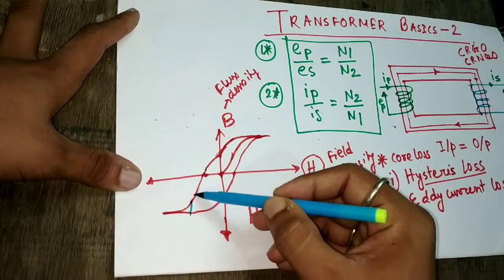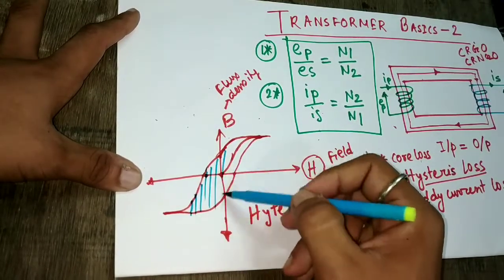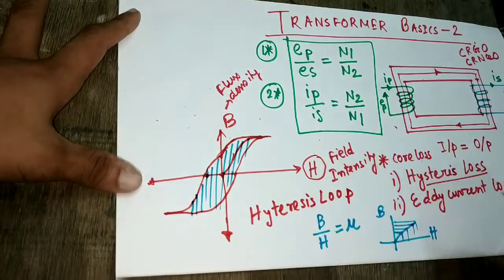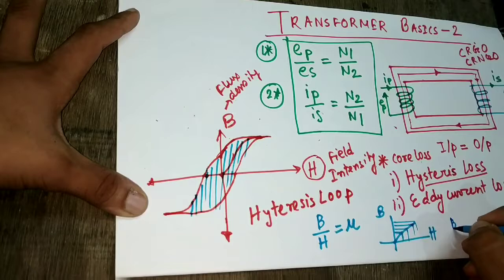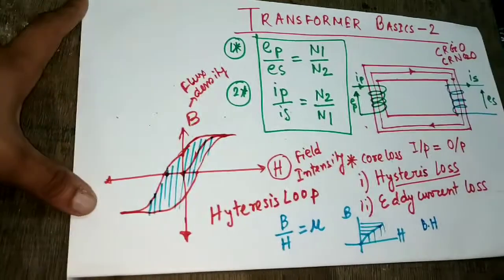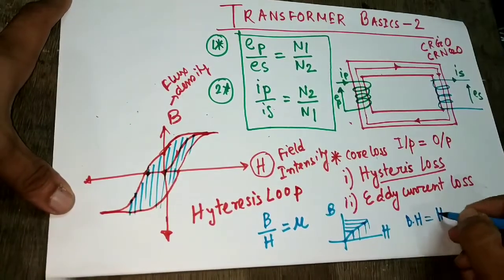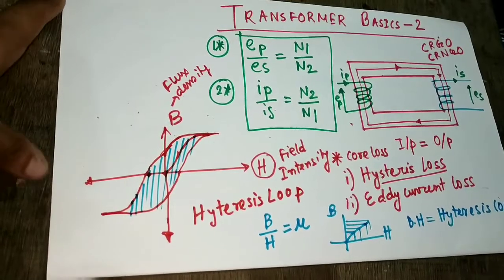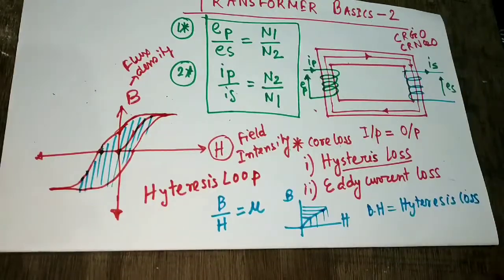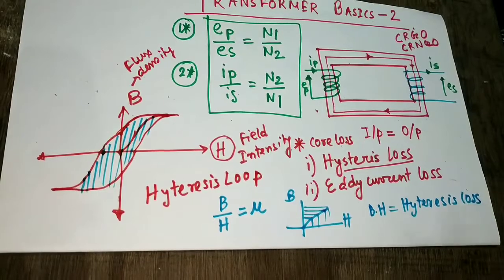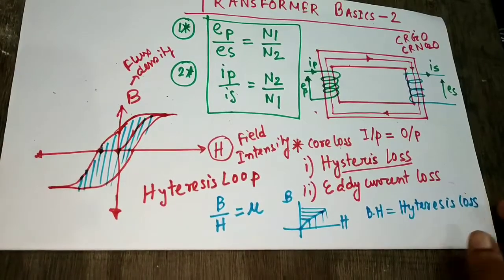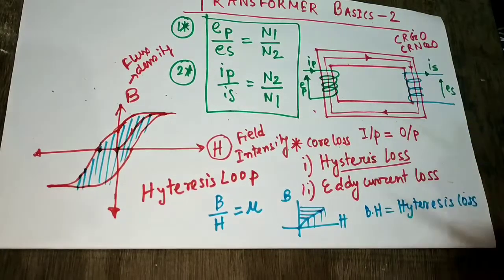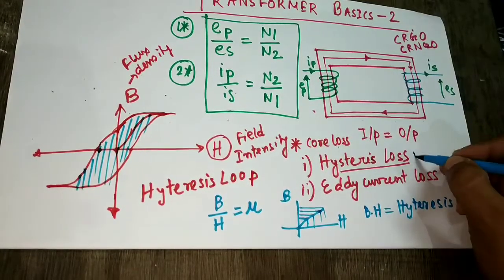So we can say the area given by this loop, B into H, is our hysteresis loss. Hysteresis loss is present for all magnetic materials, and the core is made of magnetic material, so there is hysteresis loss.